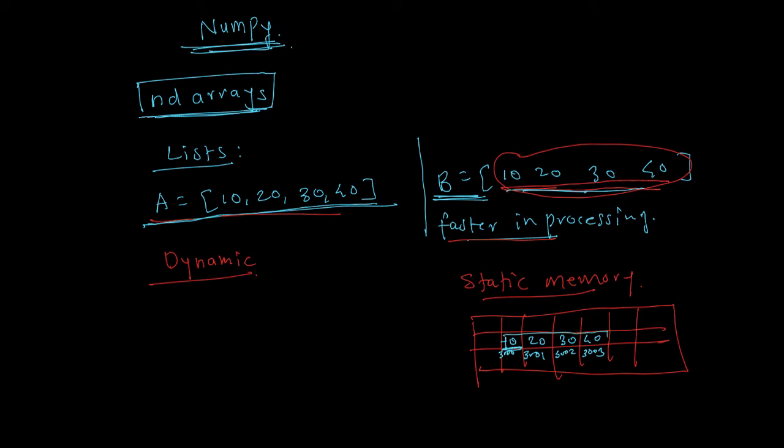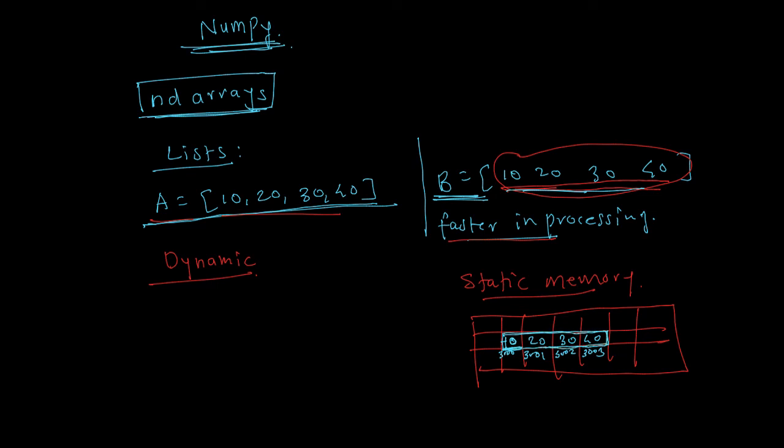Now, what is the advantage of storing in contiguous memory locations? This data can be accessed faster by the processor for processing when it is in contiguous memory locations. Another reason is you can access any element of this array randomly.